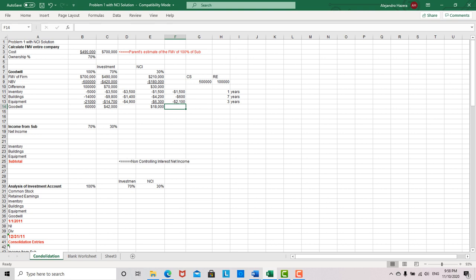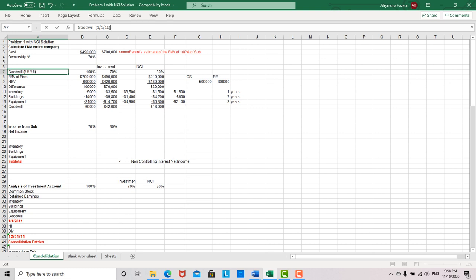Okay, so now let's go down to the income from sub calculation. I have a 70% column because only 70% of the income belongs to you, and I have a 30% column. And let's keep in mind dates here. Go back up to goodwill, and keep in mind that goodwill is calculated 1/1/11.